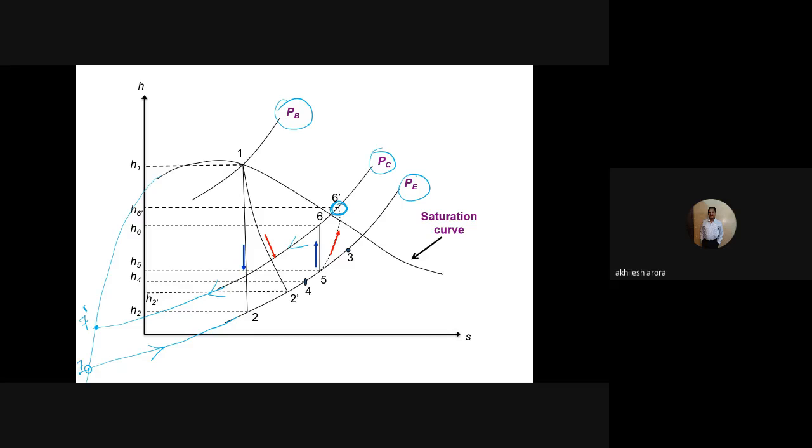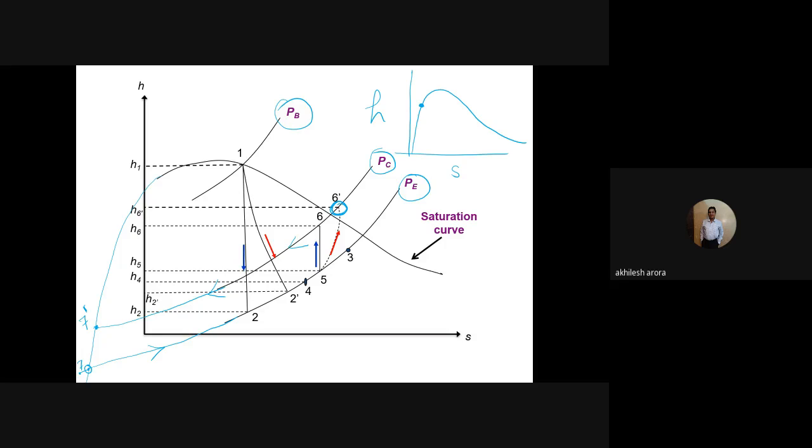Whatever the Mollier chart which you have used earlier, it doesn't show the complete HS diagram actually. I will also draw it here. So this is HS, and we can draw it like this. And the critical point is here.